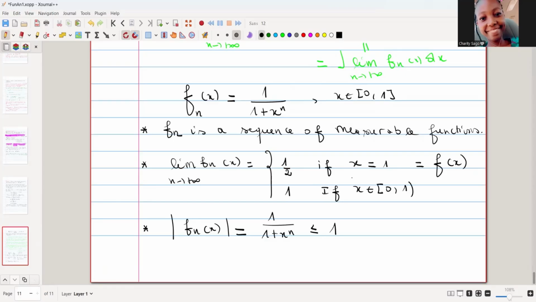And 1 is measurable, and this is summable in [0, 1]. Then we can apply now our Lebesgue dominated convergence theorem because everything is satisfied. We have our f because, as you can see, the limit exists.